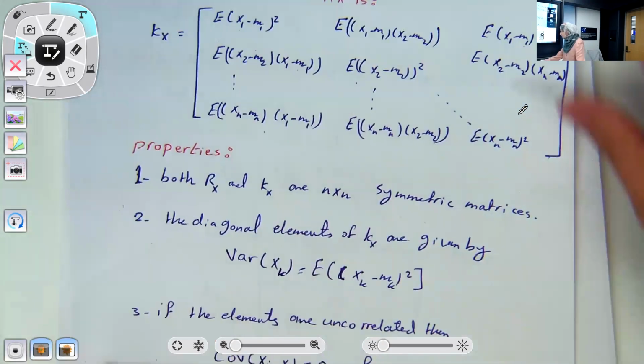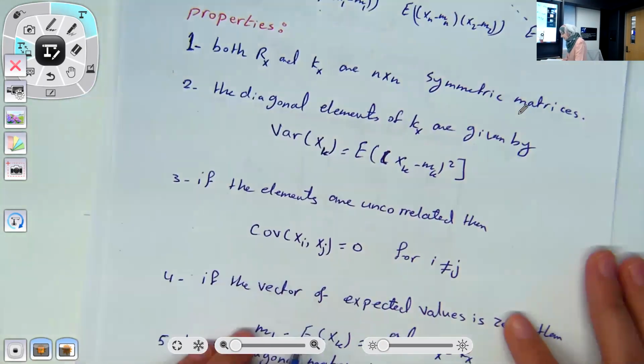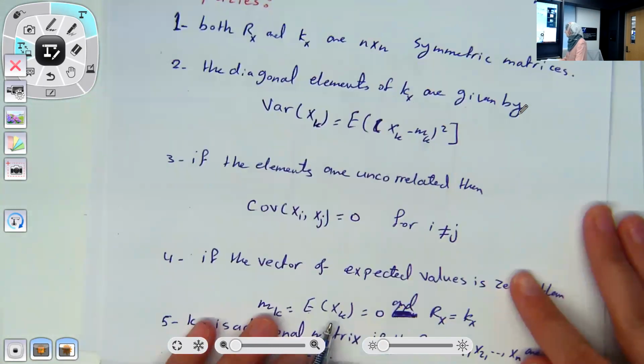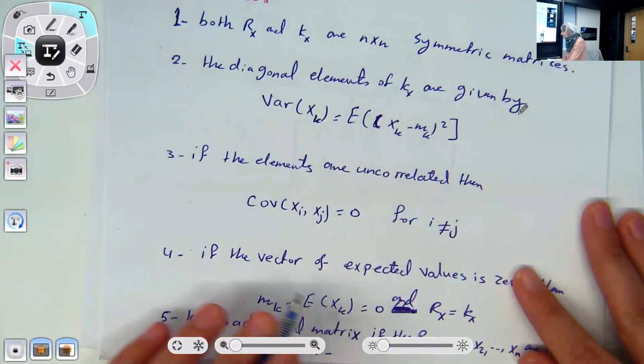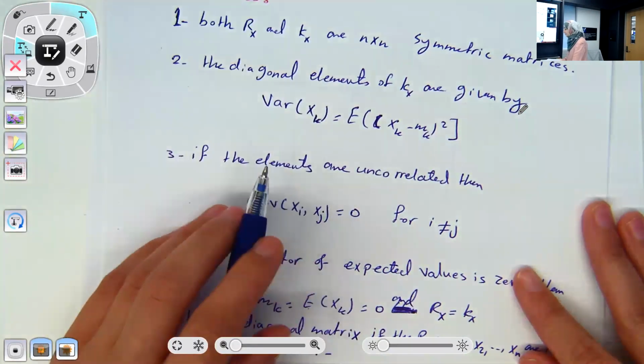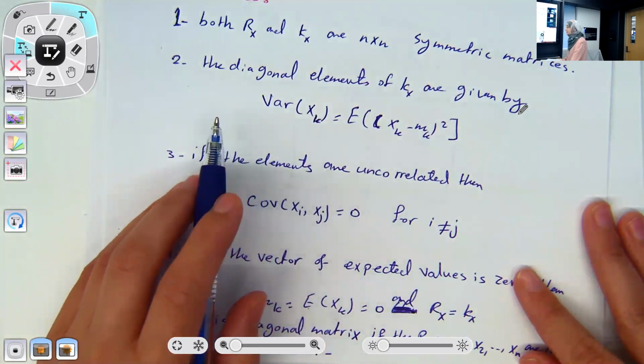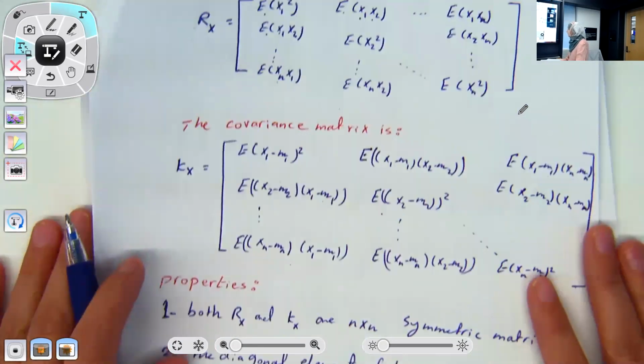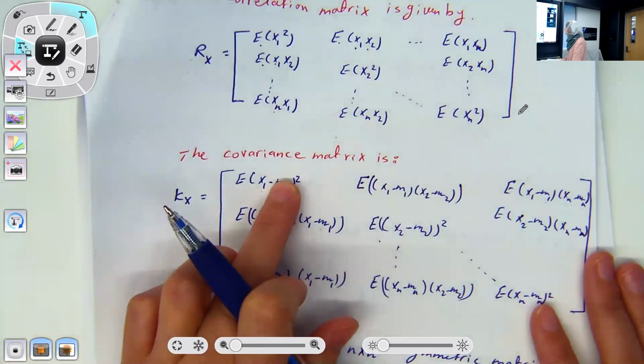If this is equal to 0, and the expected value of xk equals 0, then you will get that the correlation matrix is the same as the covariance matrix. If you look here again, if this one is 0, it is the same as the first matrix.